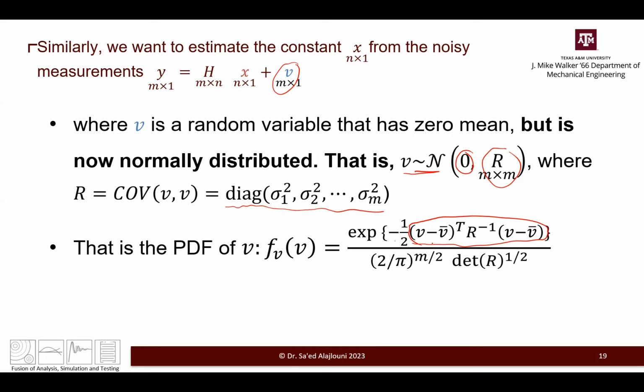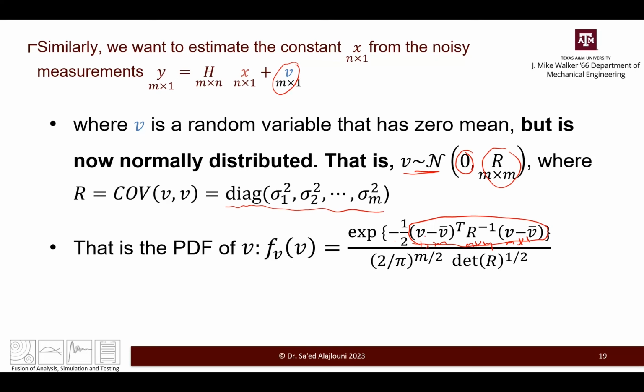This is a quadratic form. V is m by 1, but here we're talking about V transpose. So this is 1 by m, and this is m by m, and this is m by 1. So it's a scalar. We're crunching everything into one number.